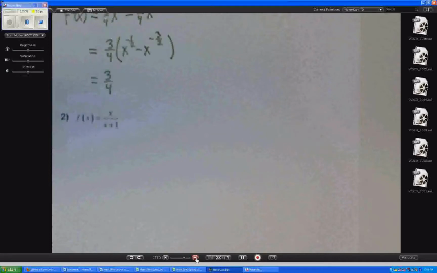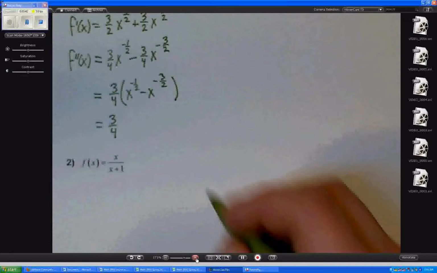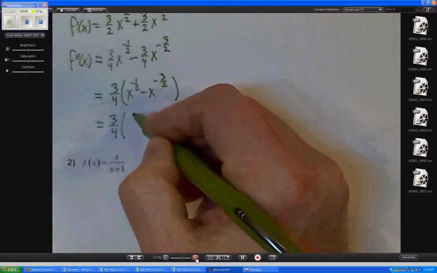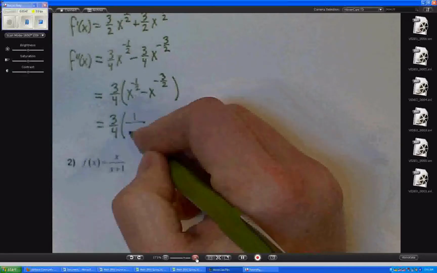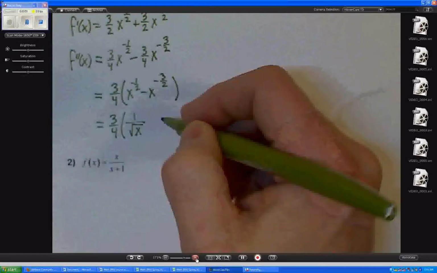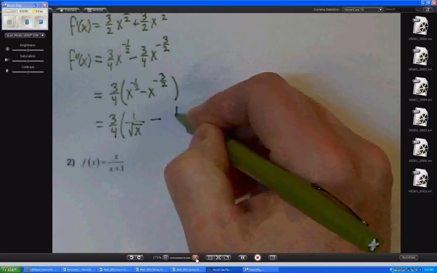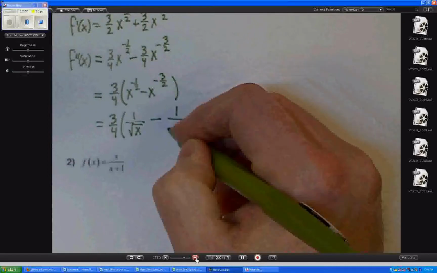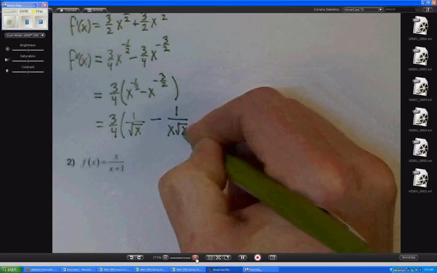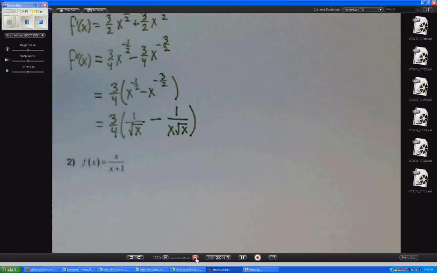So x to the negative 1/2, how am I going to write that? 1 over square root of x, right? Minus, now I'm going to do this quickly and see if you guys understand it. x square root of x. That was quick, but do you follow it?